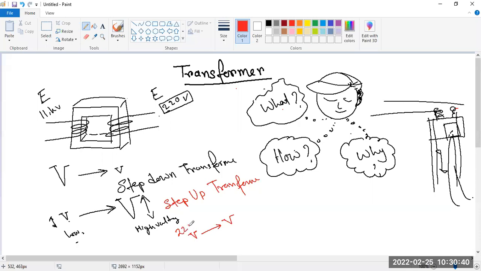If you give 220 volts and you get 220 volts, then this is an isolation transformer, or it is called a 1:1 transformer.